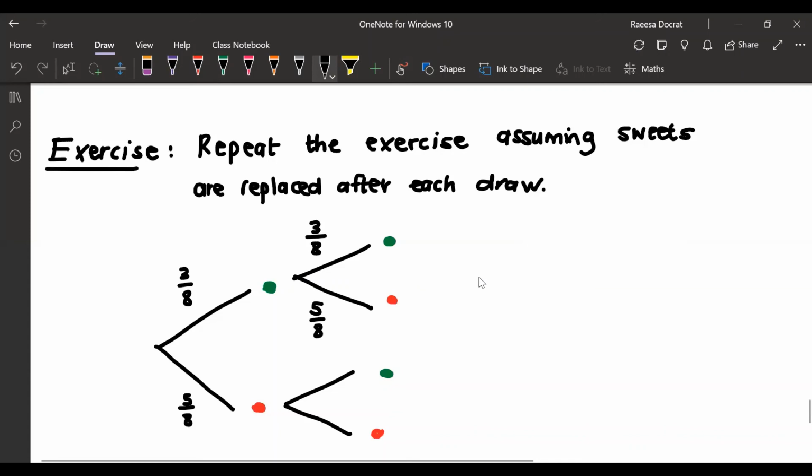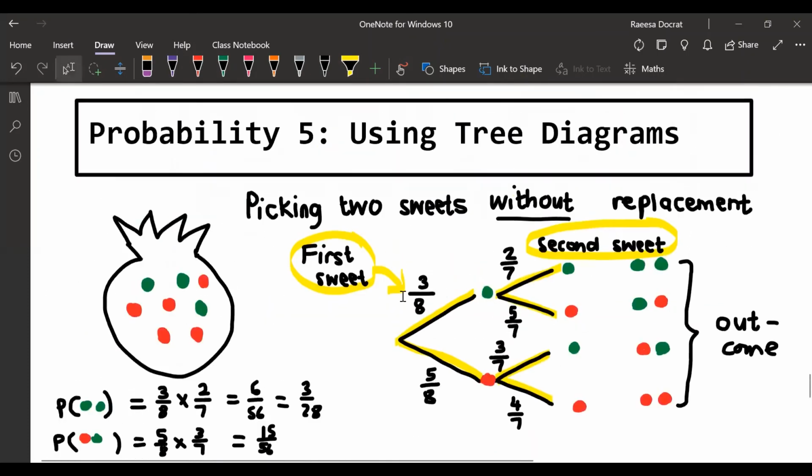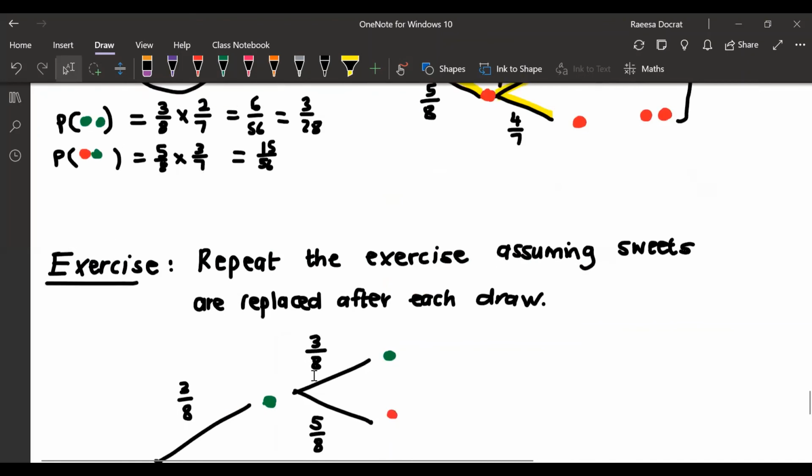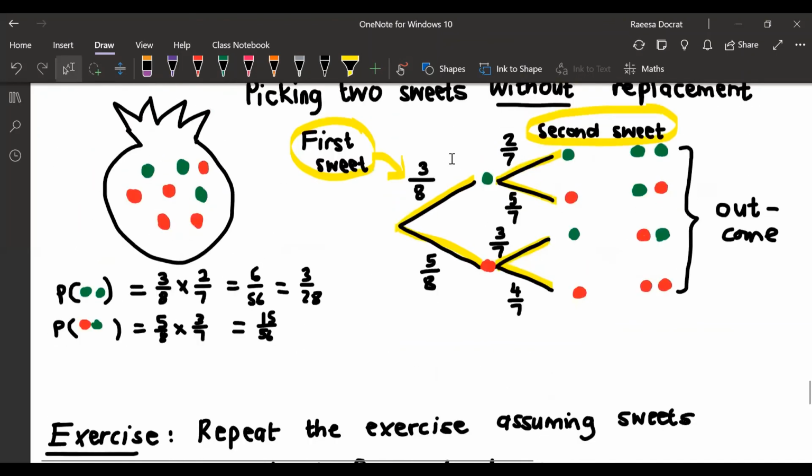For the second one, if we take the red sweet, the probability of choosing a green sweet is 3/8, because we've replaced the one that we've taken out, and 5/8. So please take note that if we do it with replacement, the probabilities stay the same. If we do it without replacement, it changes as we go along.